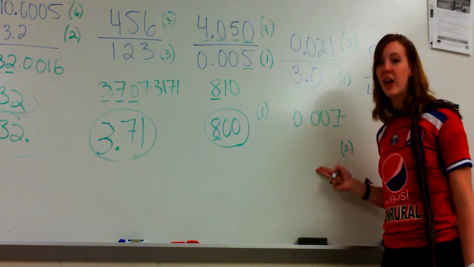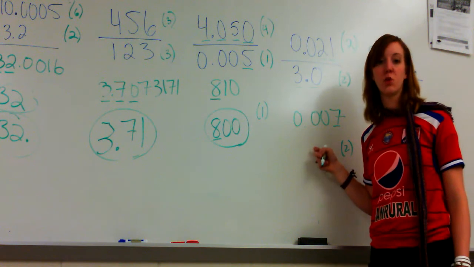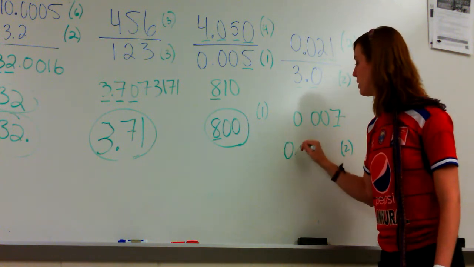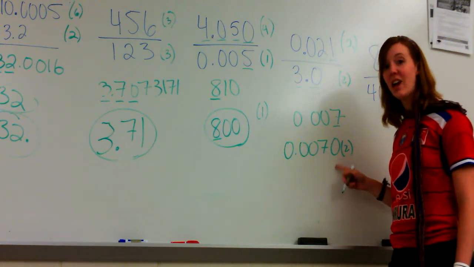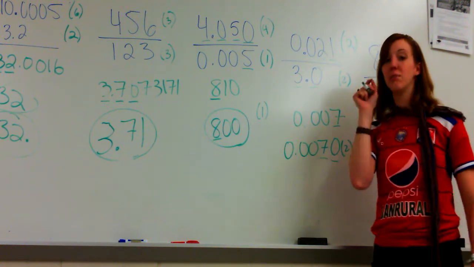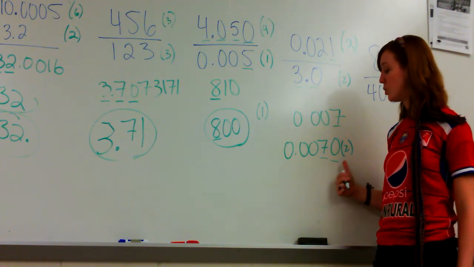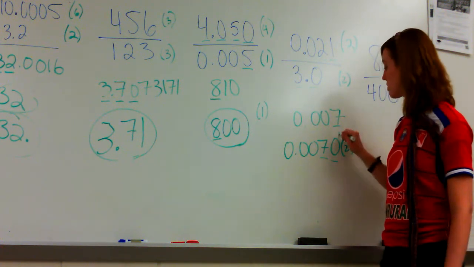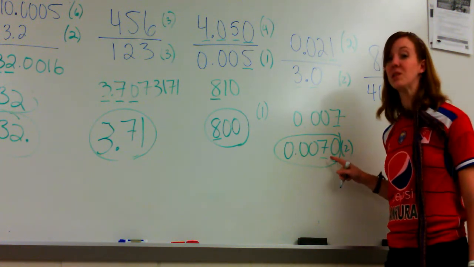How can I add a significant digit? How can I show you that this is more precise? Well, we learned that if you add a 0 at the end, that is sending a message to you that this is more precise. It has 2 significant digits. So my final answer is 0.0070.